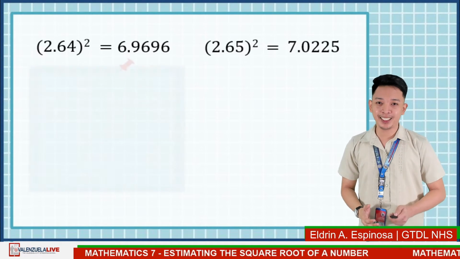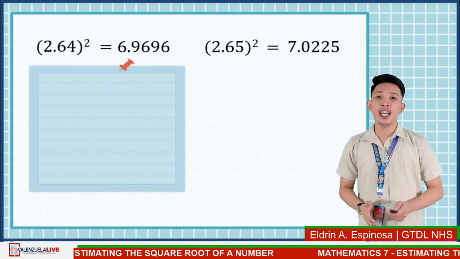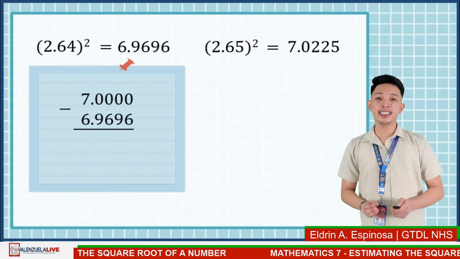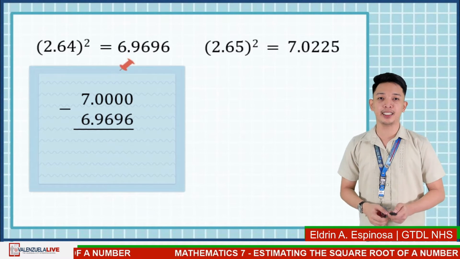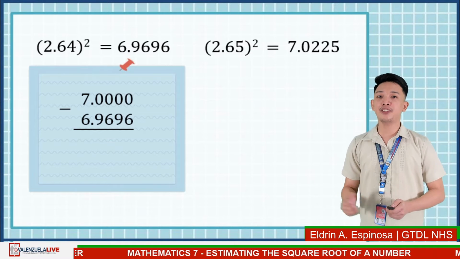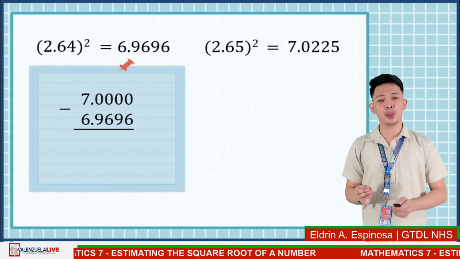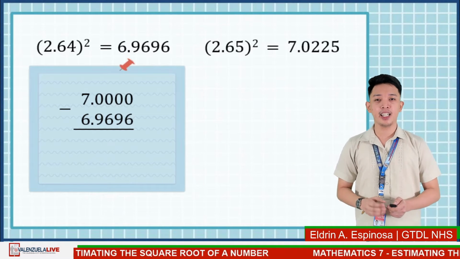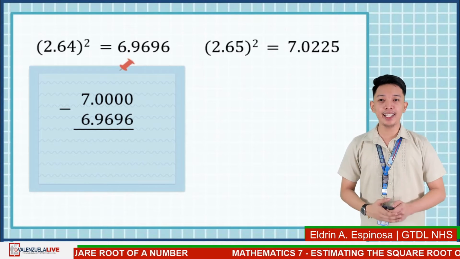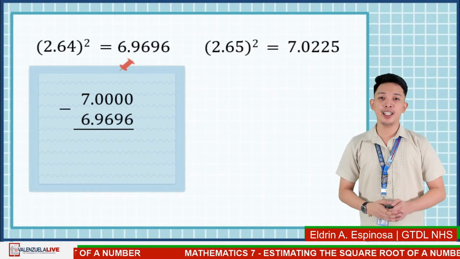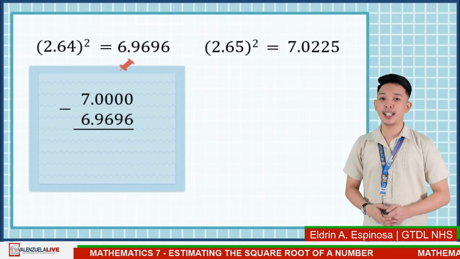Again, let's compare. We're going to find the difference between 7 and 6 and 9,696 10,000s. Then we will have these following figures. Do you still remember how to subtract decimals? In order to subtract these figures, we're going to add a decimal point and 4 zeros after 7. Then we can now subtract.